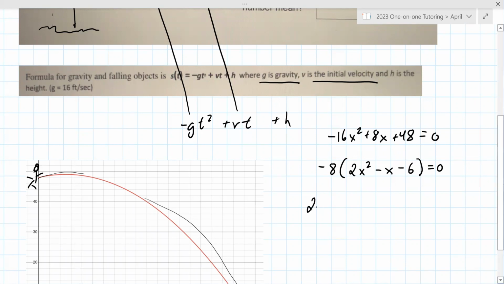Okay. So I'm going to give a little more room here. 2 times minus 6 is minus 12.